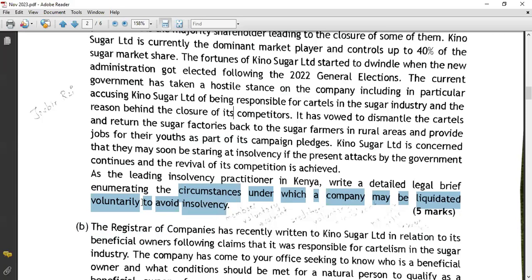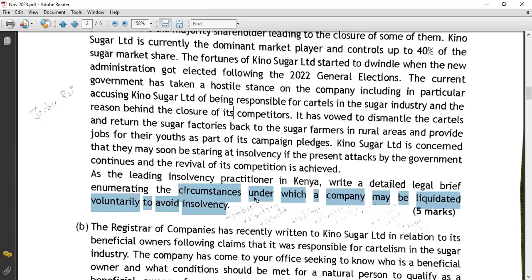So anytime the creditors come in because the company has been unable to pay its debts, that one is called involuntary, which has been tested in the past.